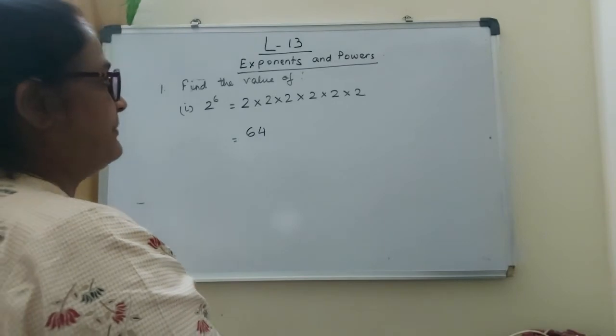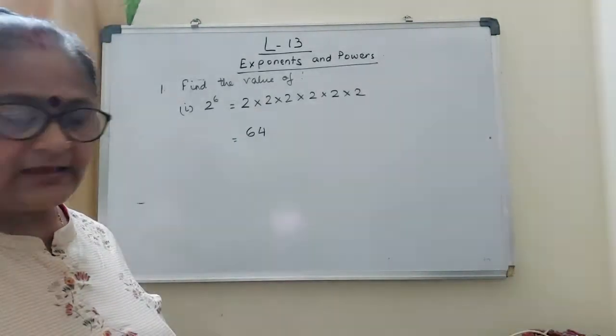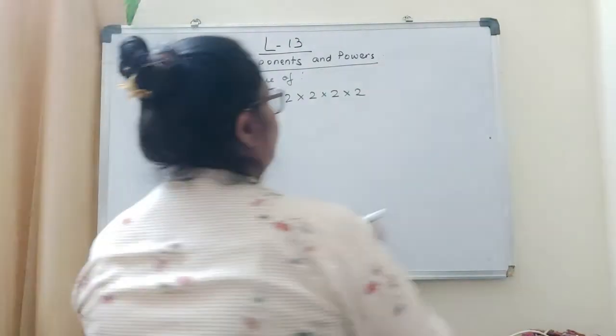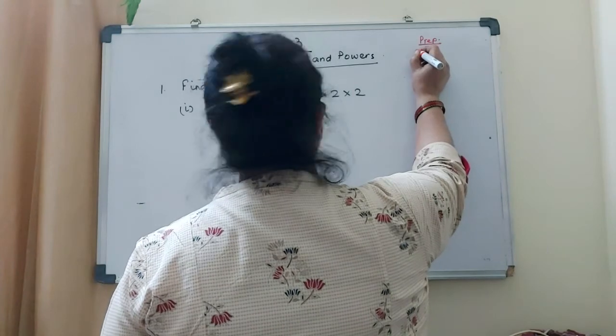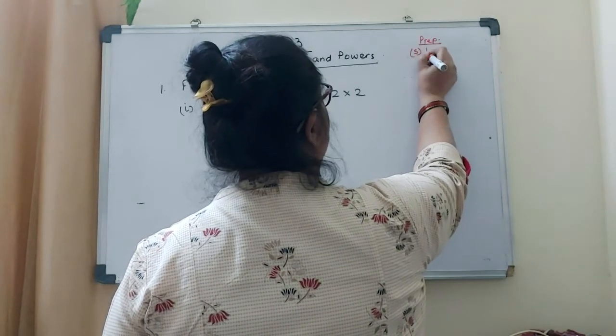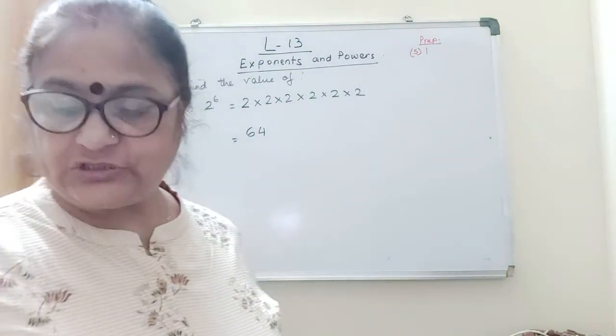So today's prep, apart from what I'm going to give, you remember that for prep today, apart from this, you are also going to do sum number 1 and the other sums also.